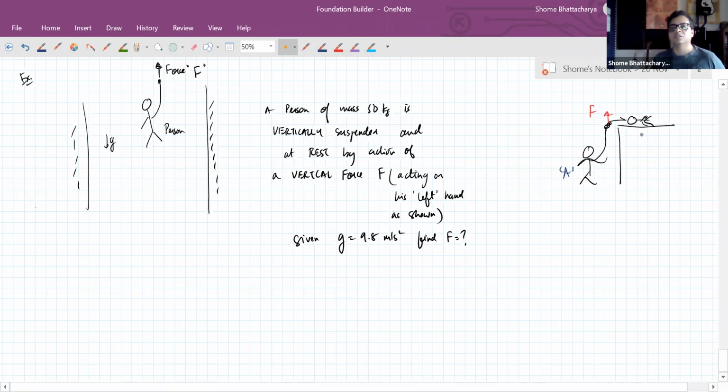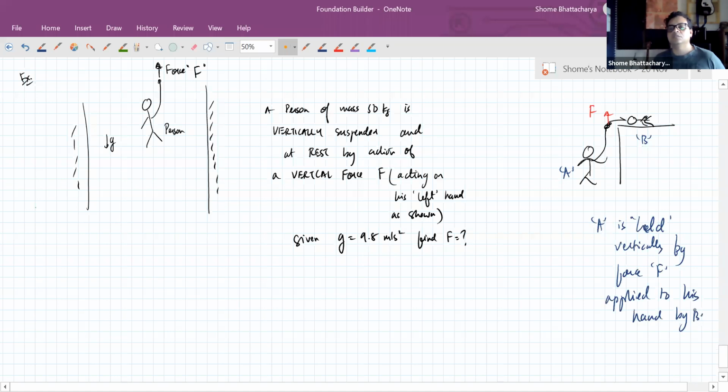Let's say this is person A, this is person B. So A is held vertically by force F applied to his hand by the person B, like this kind of situation.